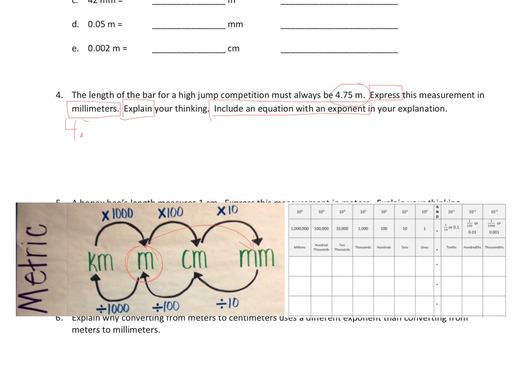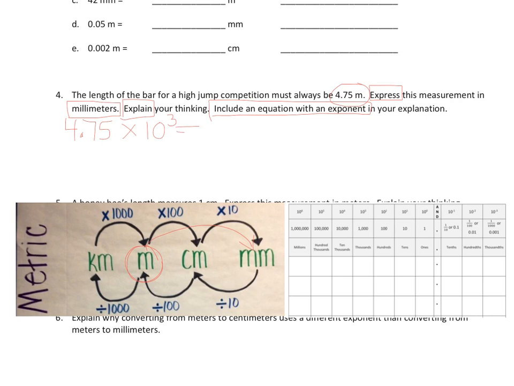We have 4 and 75 hundredths meters, and we're multiplying it by, it's doing 2 big jumps to the right on the anchor chart, which means we're multiplying it by 1,000. I'm putting the exponent down because it told me that I need to have an equation with an exponent. So right now, what we just wrote down is called an expression. This is actually the problem.